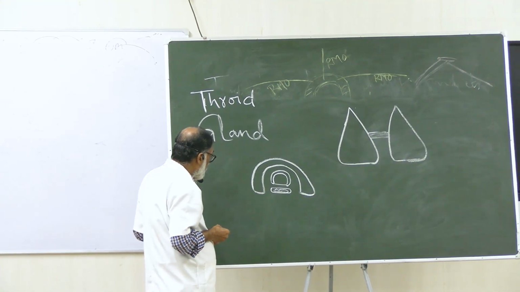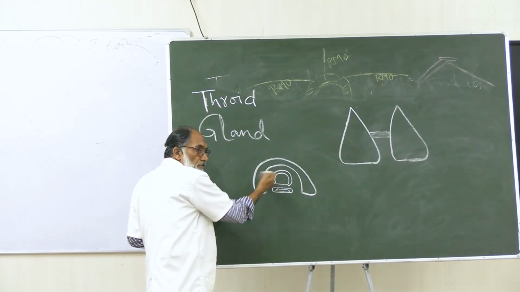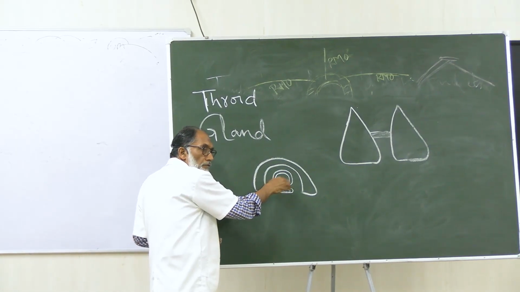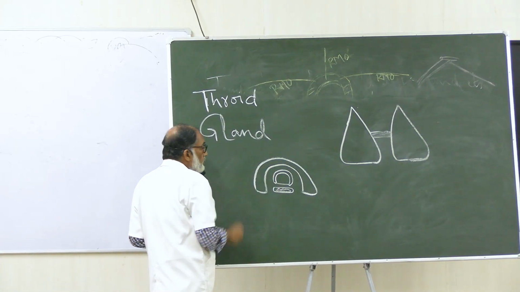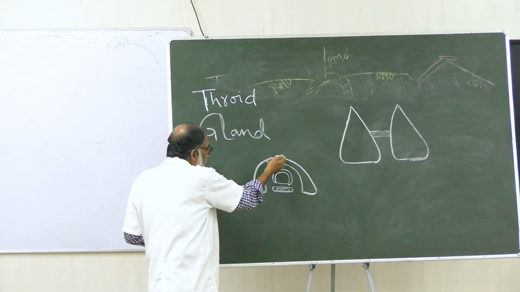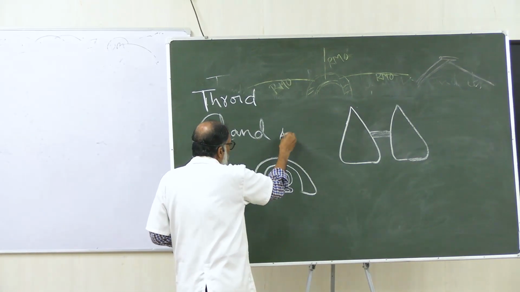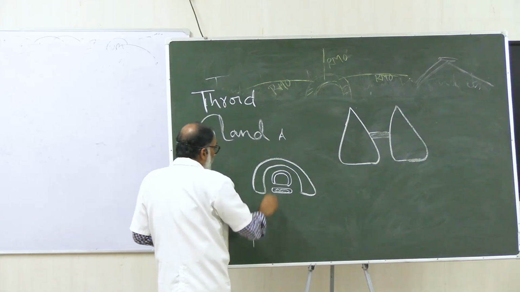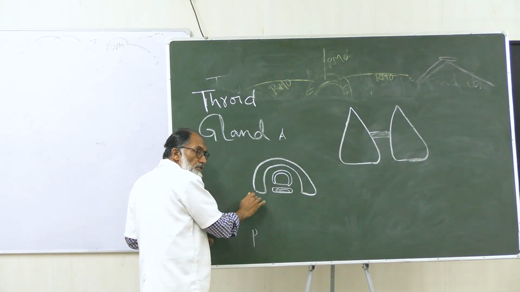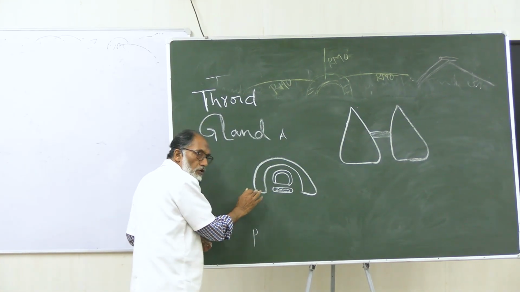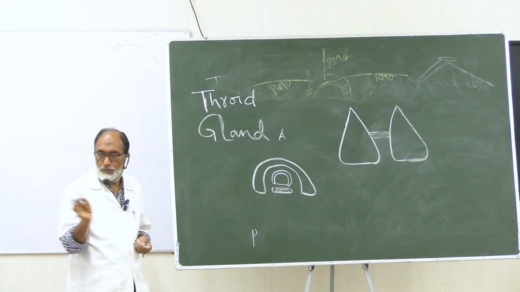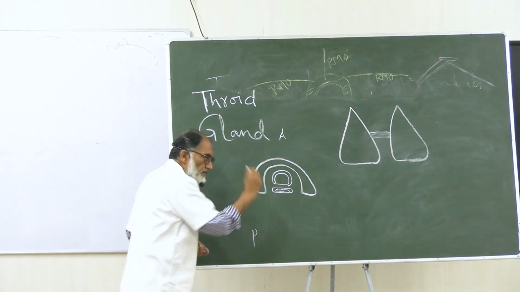Now this surface is called the medial surface. This surface is called the anterolateral surface. This is anterior and this is posterior. And this surface is called the posterior surface, or posterolateral surface.